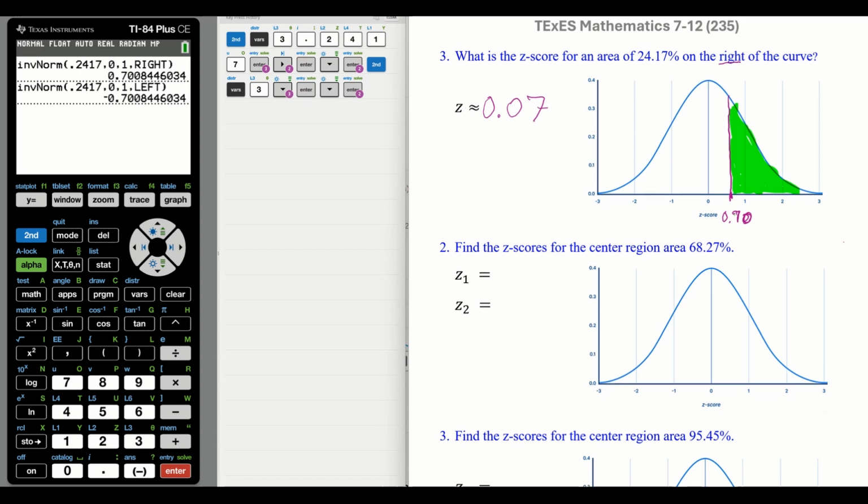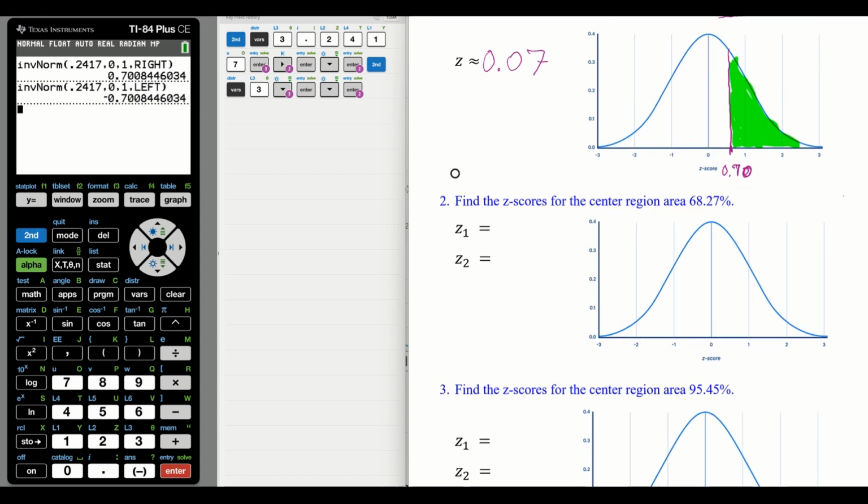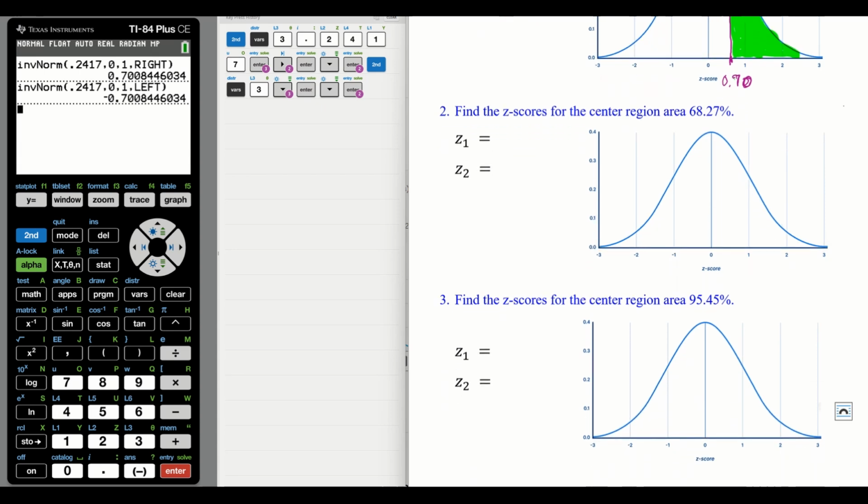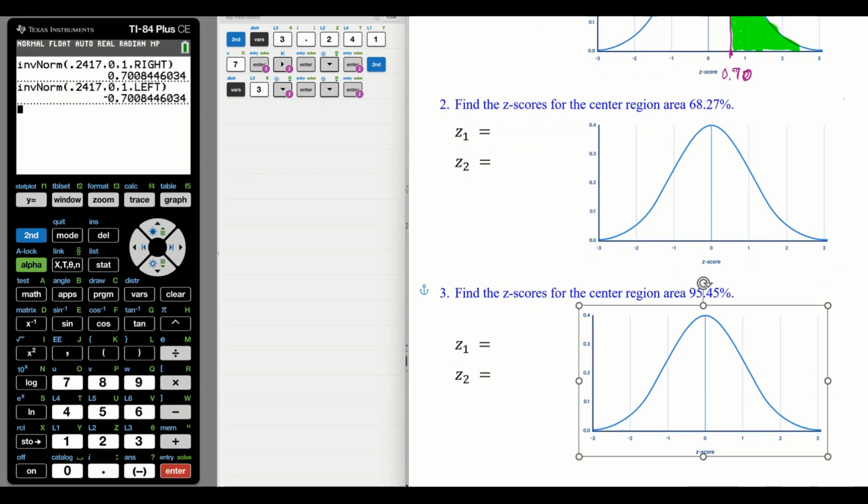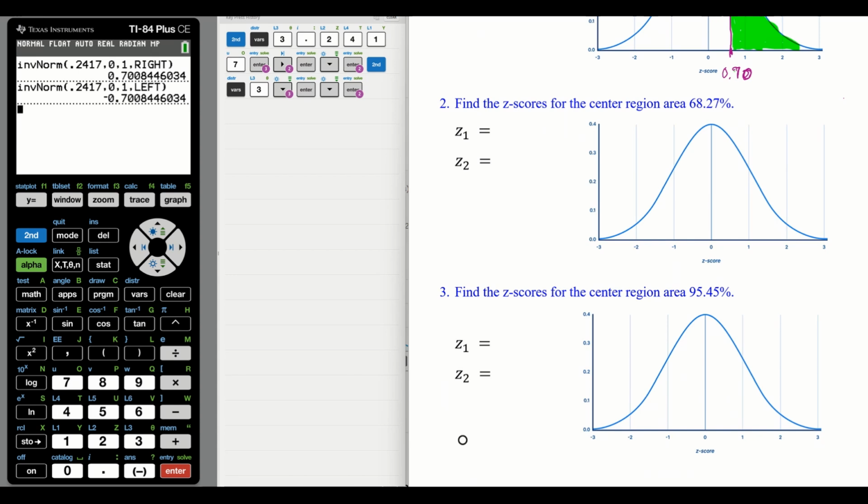Okay, so this one is a little different. If you didn't notice while I was punching this in or you were playing with your calculator, that it has an option where it says center. For these two, we're working with the center. And I mentioned it, and I can tell you which video it was. It was the Competency 17, Part 6.